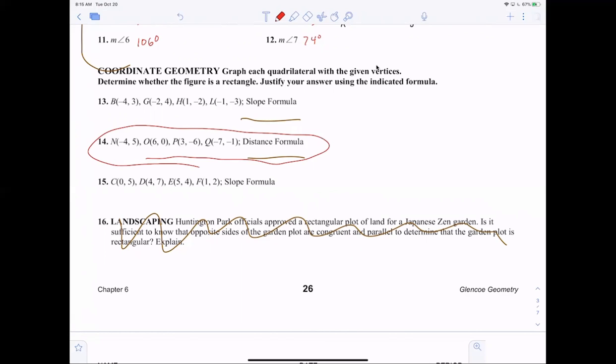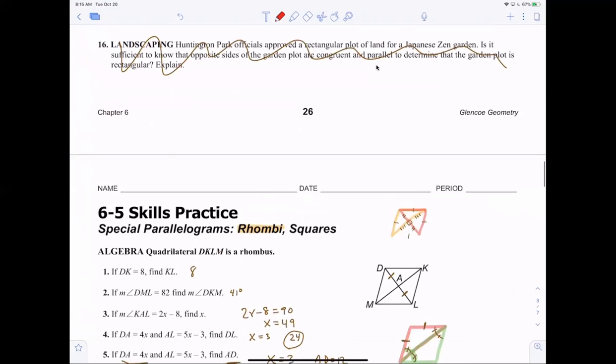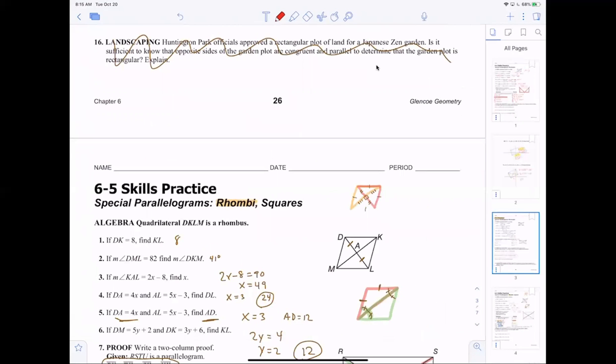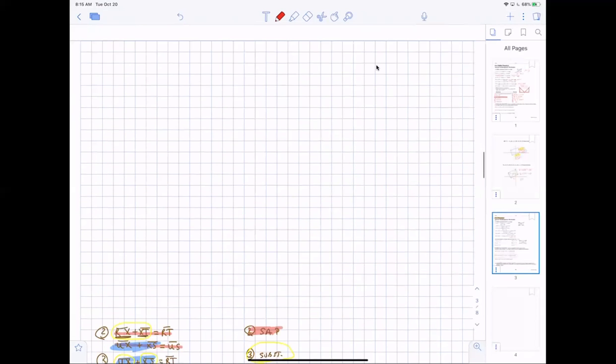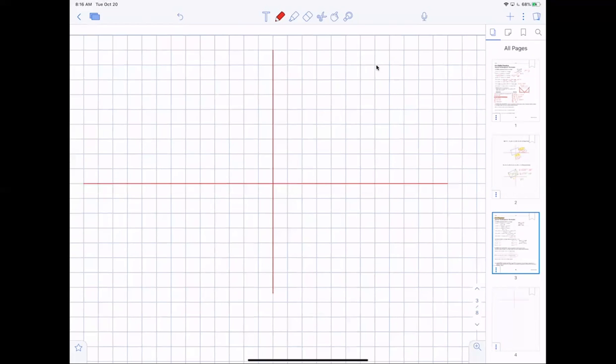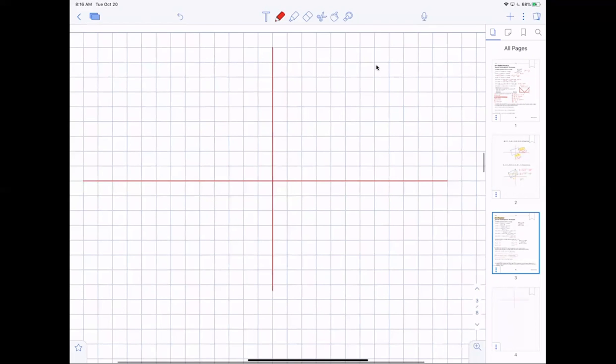Let me see if I can add a page. All right, here we go. All right, tell me the coordinates real quick. -4, 5. 1, 2. -4, 5, you said?